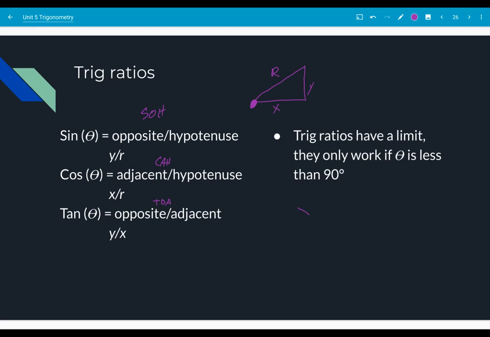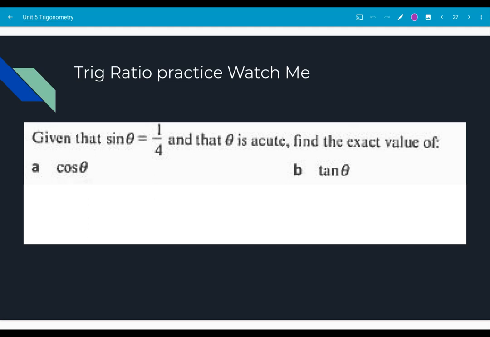So for example, if I have this angle, say it's 120 degrees, I can't put sine of 120 degrees in my calculator. I have to use 60 degrees and work it out. So you have to be careful with what you choose. So here's what I'm talking about.